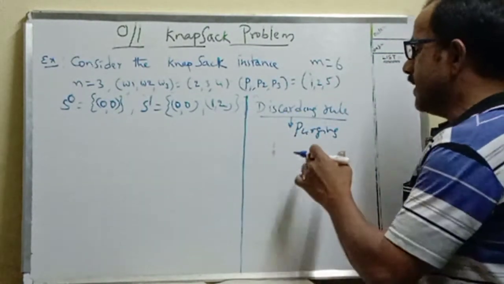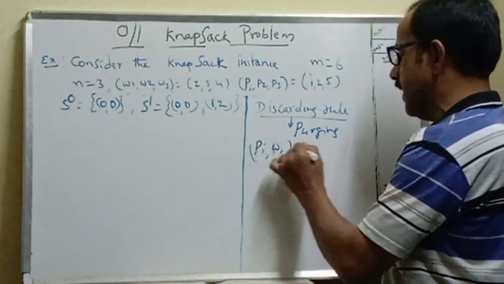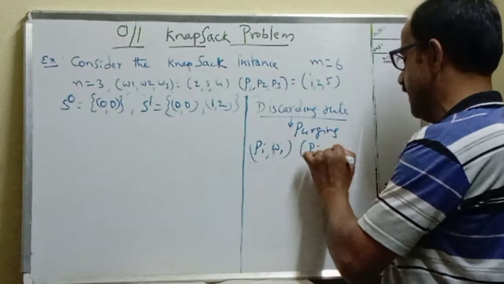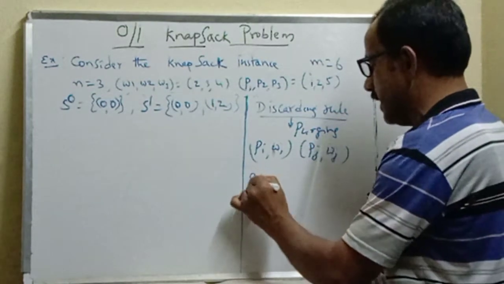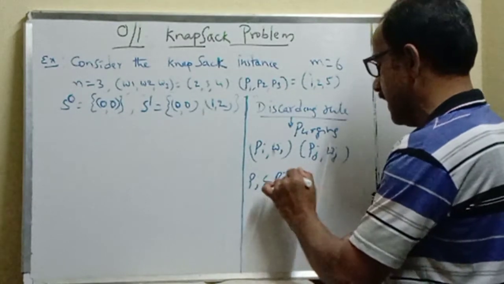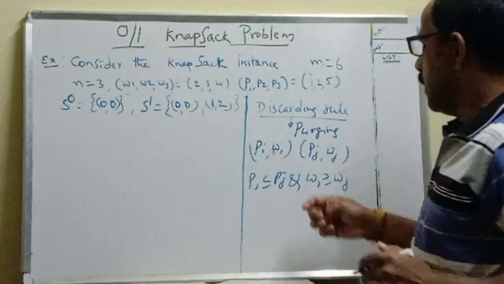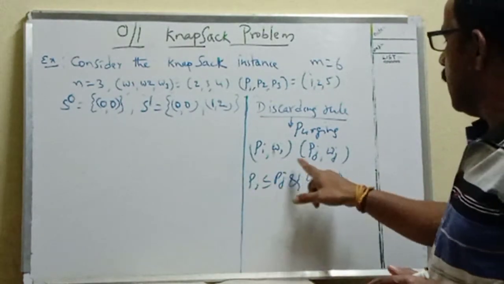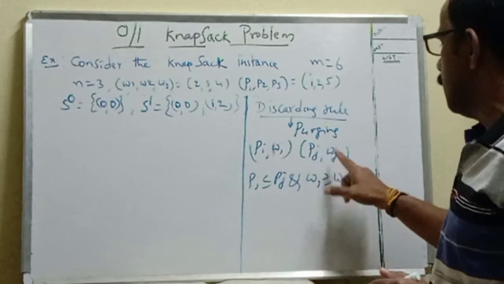Discarding or purging rule means, suppose we take two pairs of items, PiWi and PjWj. Suppose the condition is Pi less than or equal to Pj and Wi greater than or equal to Wj. So the first pair's profit is less than or equal to the second pair's profit, but the first pair's weight is greater than or equal to the second pair's weight.